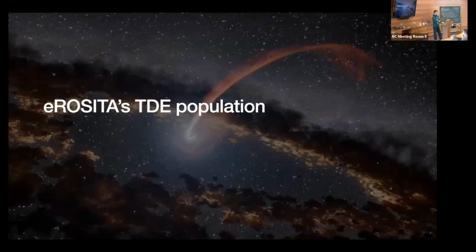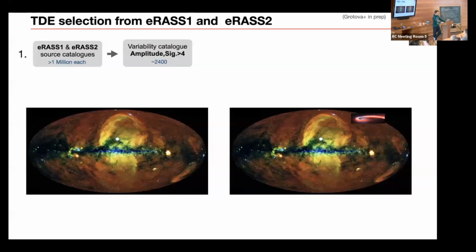Briefly on eROSITA's TDE population. You obviously have a scan, and then a second scan, and in some of these scans you'll have your X-ray transients popping up. If you cross match between the 2 scans, these X-ray transients will pop out. This is work currently led by our PhD student in the group, Yulia Krotova.